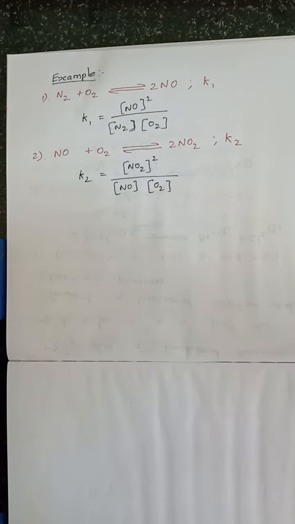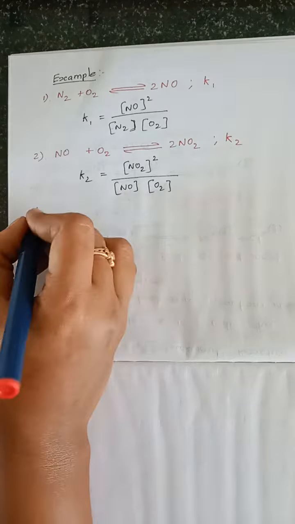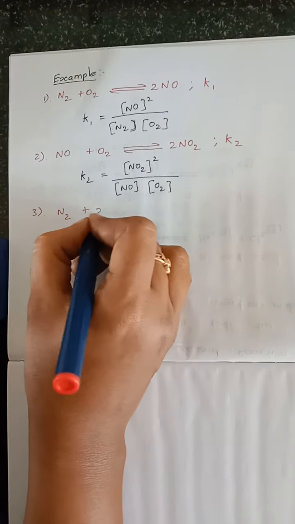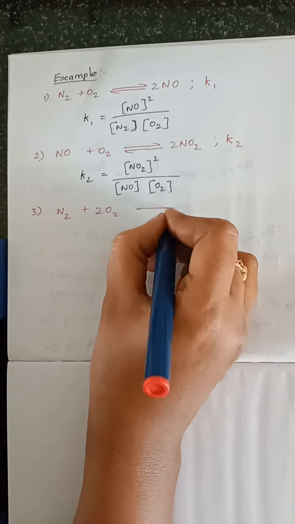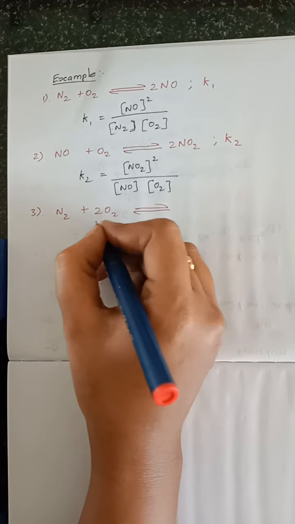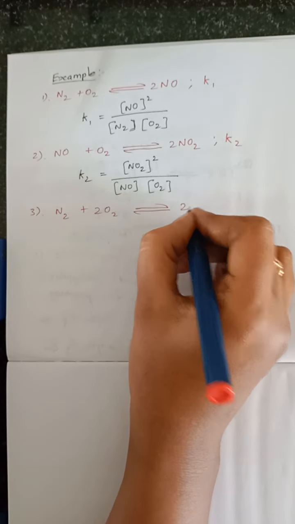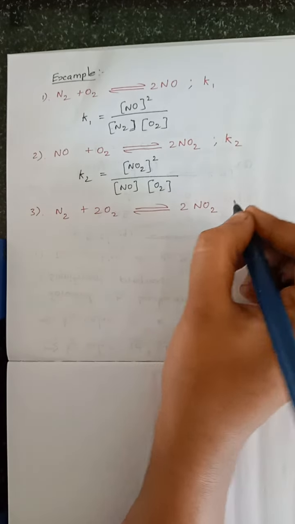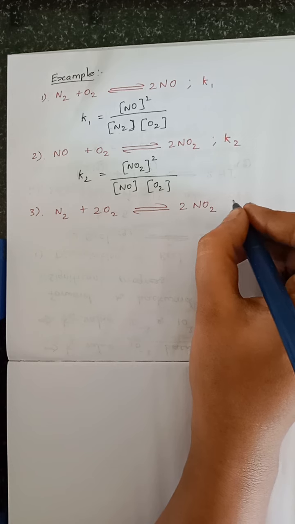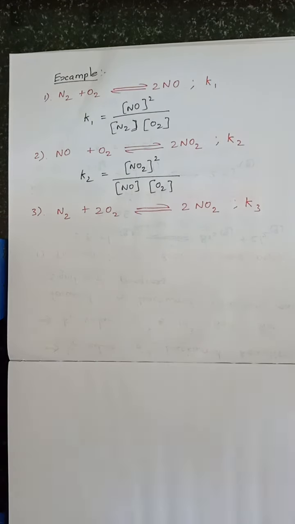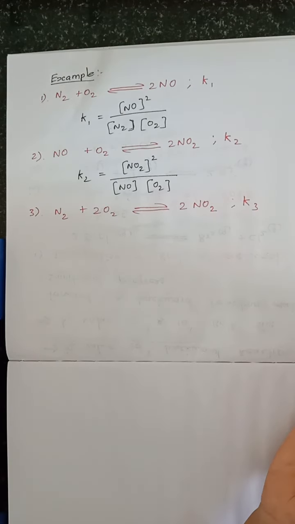Okay children, then the third example. In the third example, nitrogen gas reacts with 2 moles of oxygen to form 2 moles of nitrogen dioxide. So in this reaction you write the K3 value.